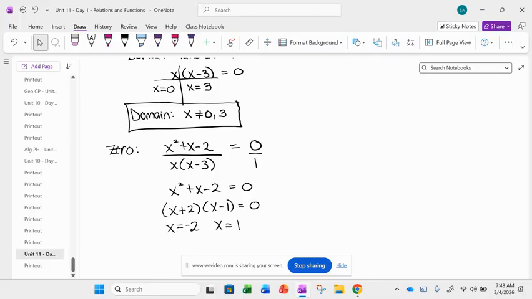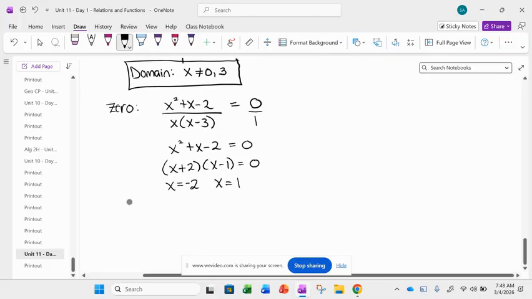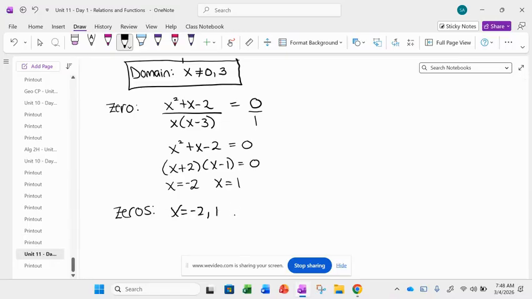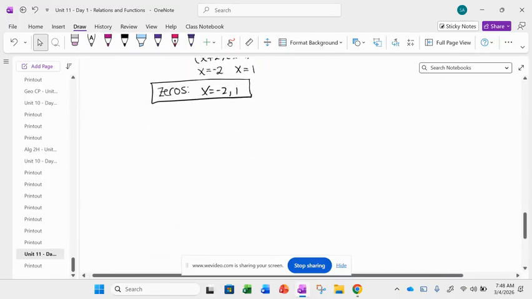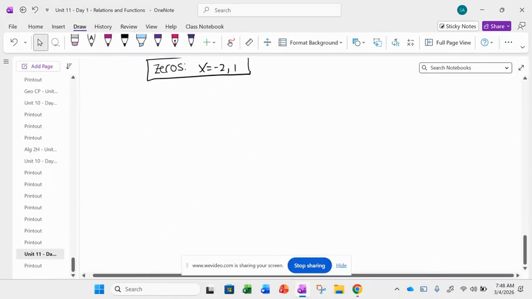All right. So now we have the two zeros. We have x equals negative 2 or 1. All right, you guys try this next one.